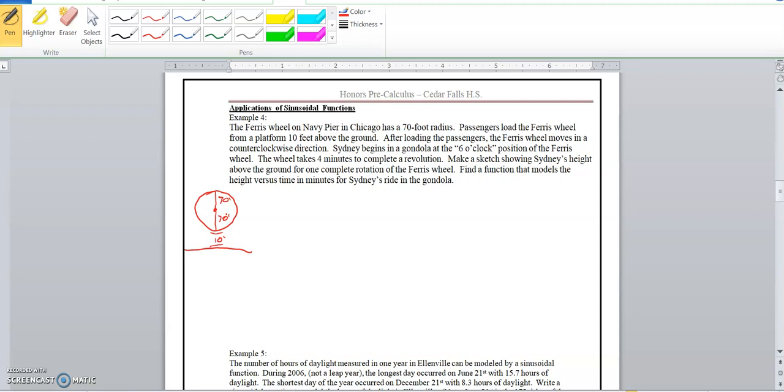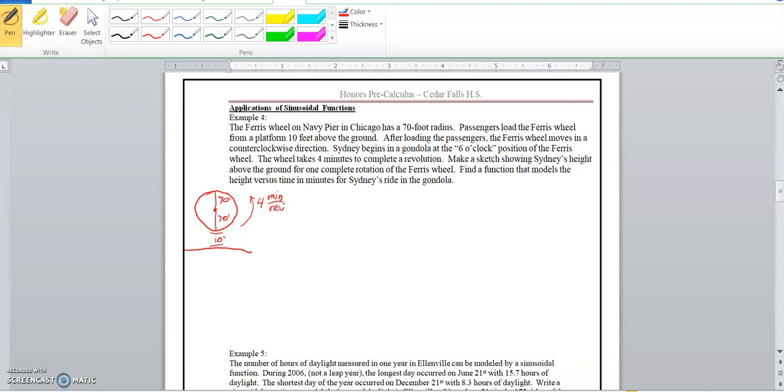So that's just the basic sketch. They also tell us here about 3 rows up from the bottom. It says the Ferris wheel is spinning at 4 minutes per revolution. So that's all the information given.